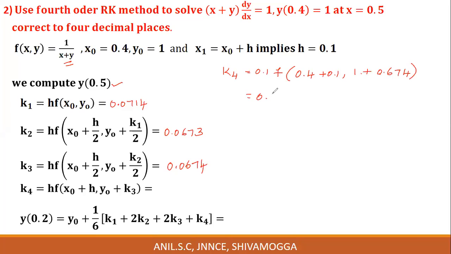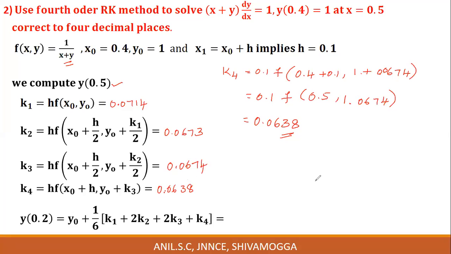This is equal to 0.1 into f of 0.4 plus 0.1 is 0.5, comma 1 plus 0.0674 is 1.0674. K4 is 0.0638, that's right.